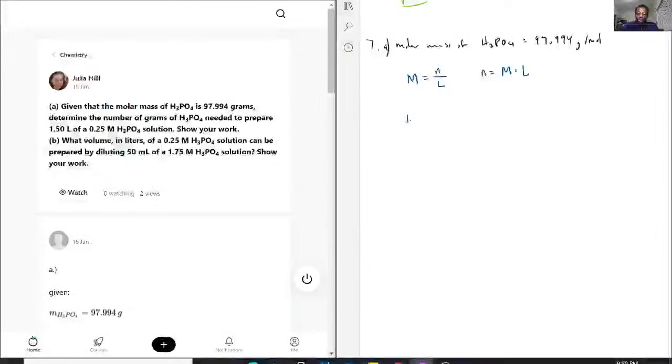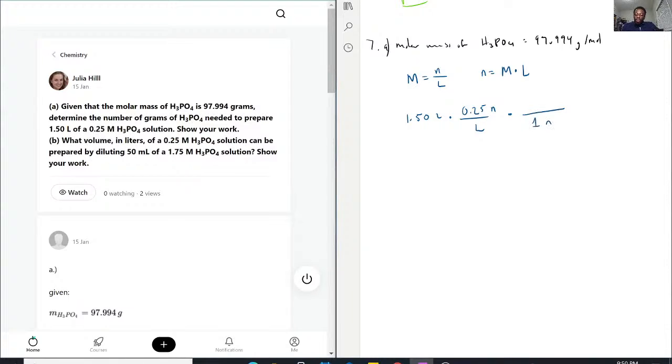So we have 1.50 liters times the molarity, which is 0.25 moles per liter. All right? And then they want us to find the number of grams in total. So I'll add an extra step, going from moles to grams. That would be using the molar mass.